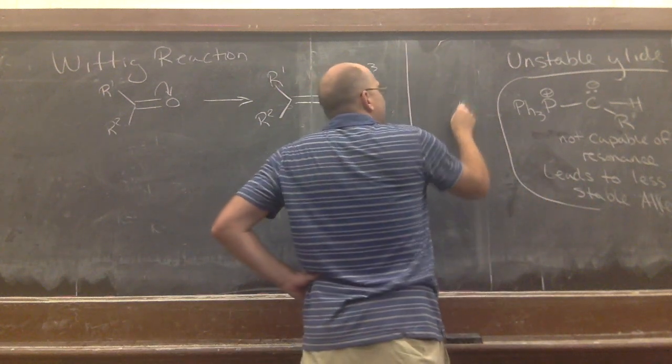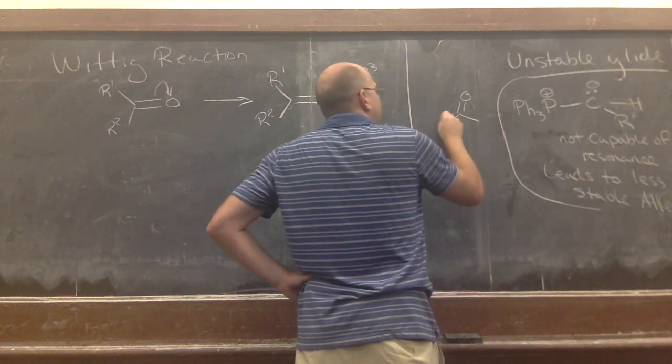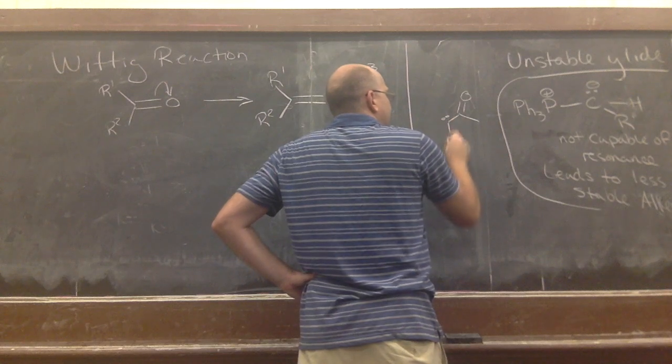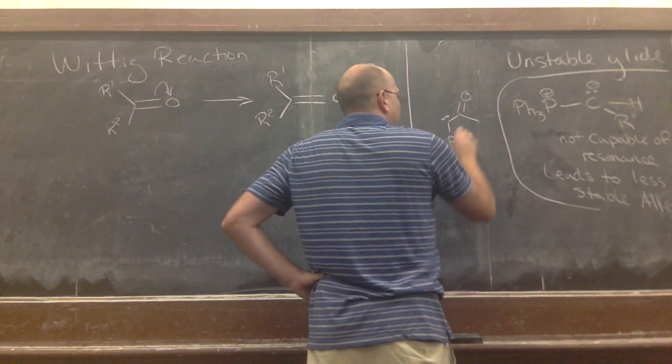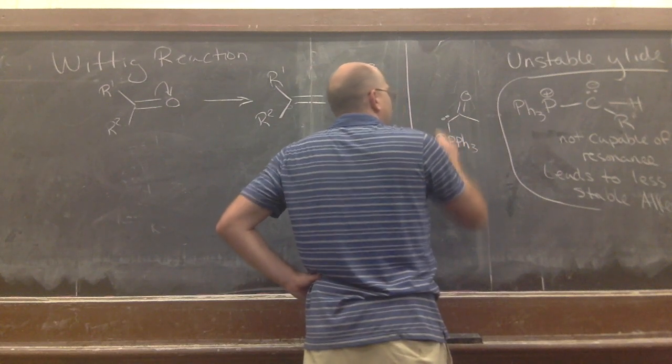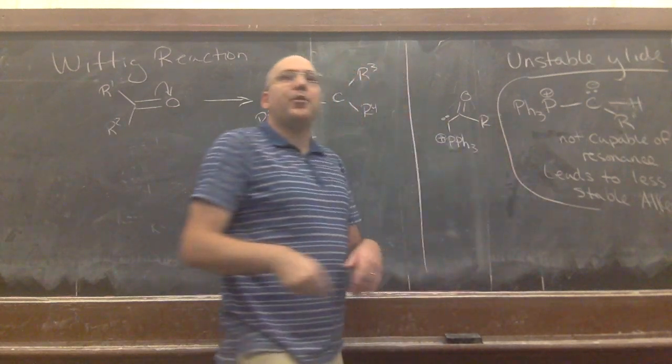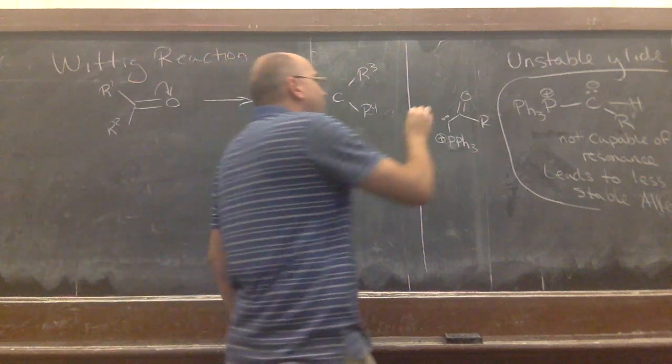More stable ylides, like say for example if you had a ketone, and these are usually the classic examples that people give, right? Let's say, for example, that you have a ketone there. Now you've got resonance stabilization.